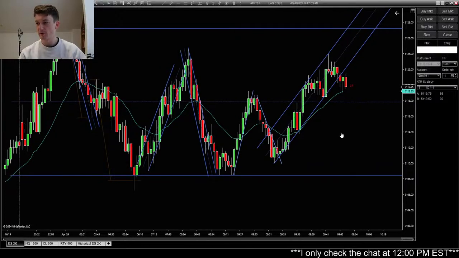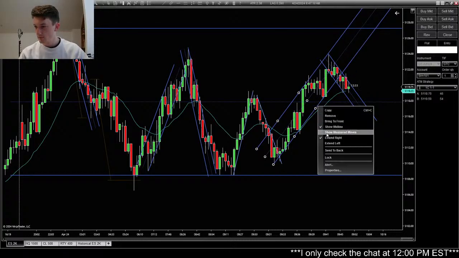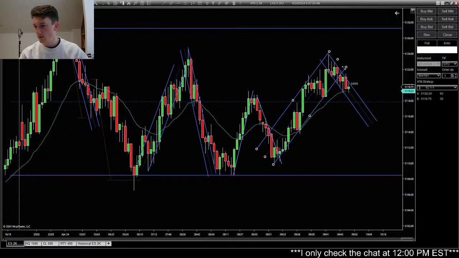ES is sort of chopping around, so it's not getting that clear second entry, like 2 legs down, that I would have hoped. Kind of looks more like this. You could say that's a close outside new high already.